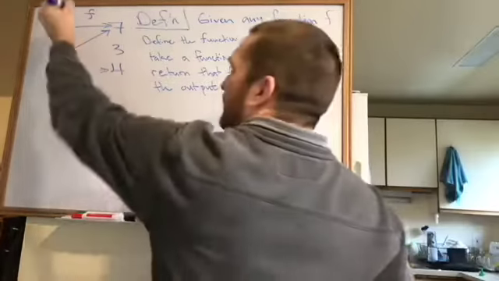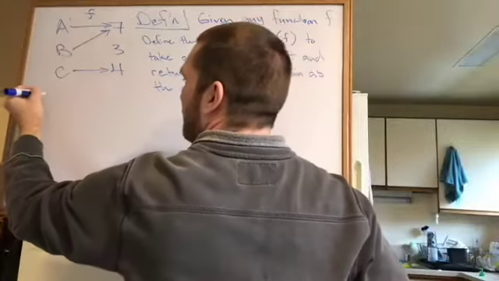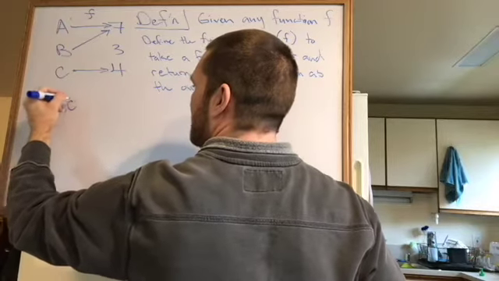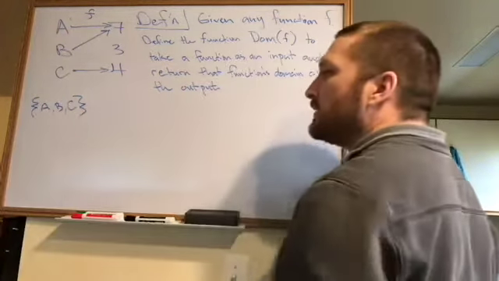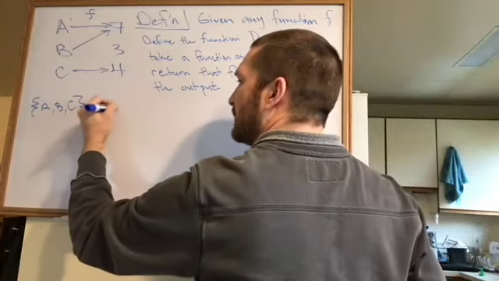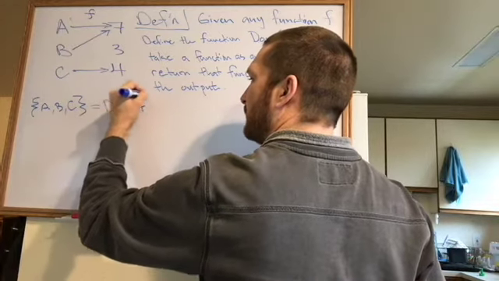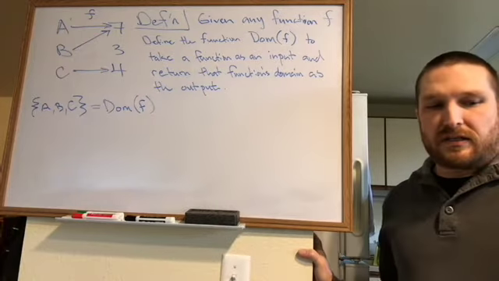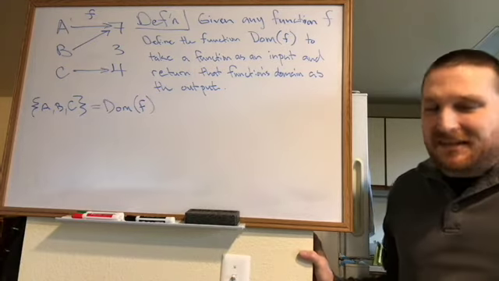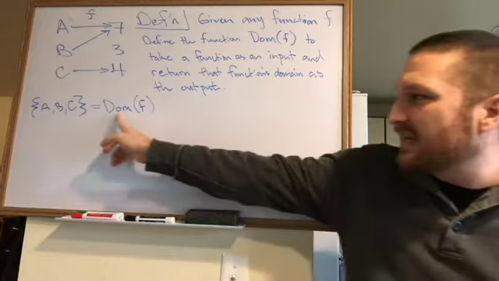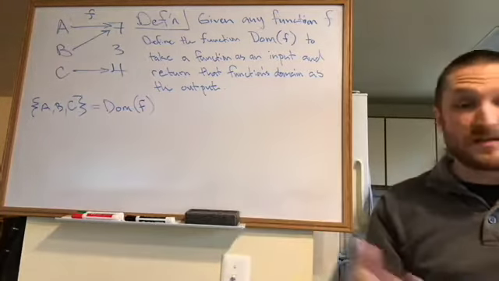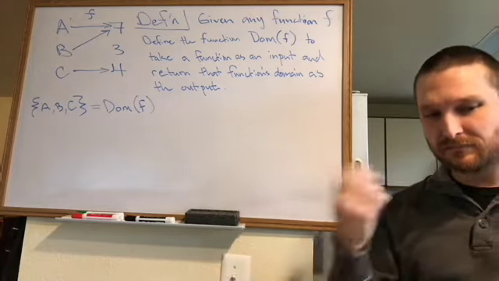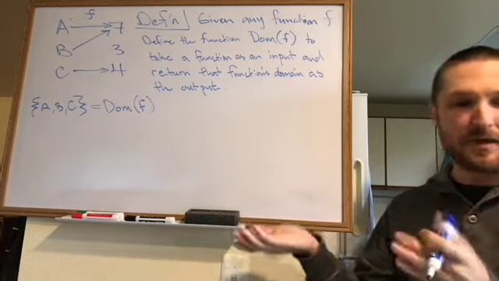It's pretty clear that the domain here is the set A, B, C, and we would say that is dom f, the domain of f. Nothing tricky going on, right? It makes sense. All this does is say, what's the domain of f? It takes a function as an input and returns its domain.